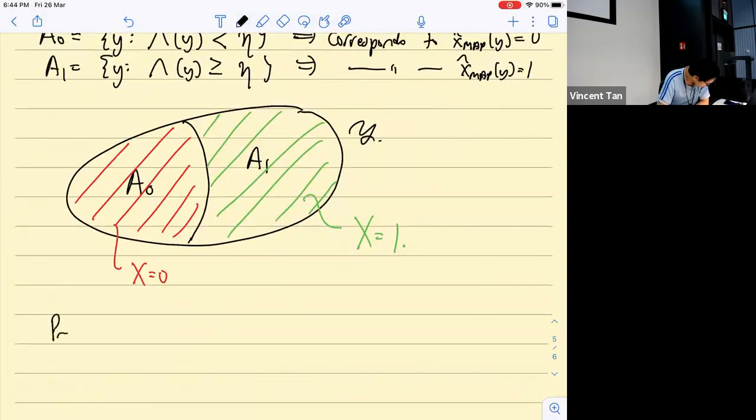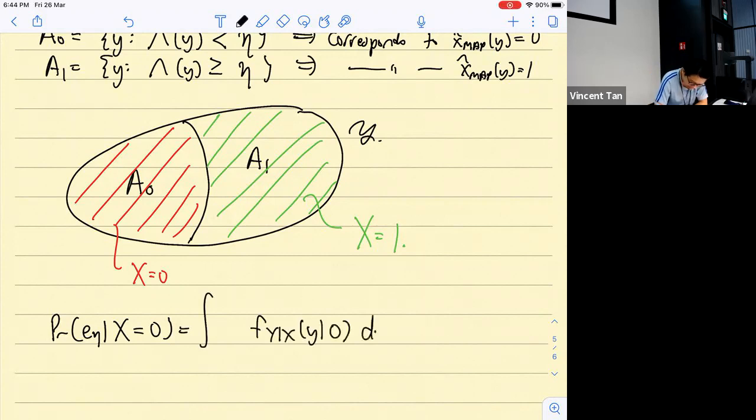So what is the probability of this? It is called false alarm because the state of the world is you don't have cancer, but someone says that you have. So actually, what's happening is that the true distribution is conditioned on x equals 0.